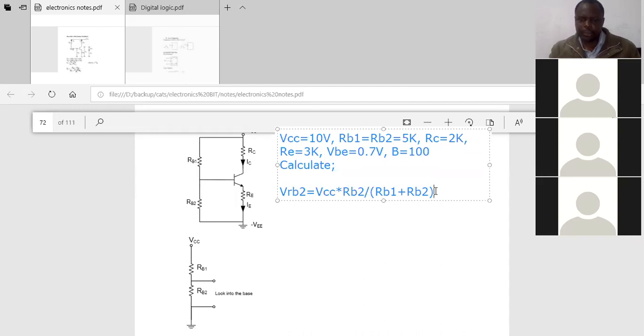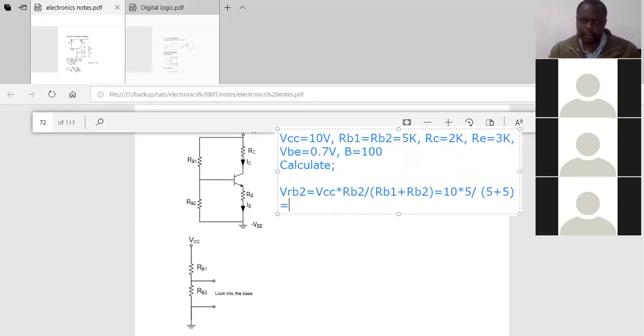So if we substitute the values, you're going to get 10 times 5 divided by 5 plus 5. And that gives us 5 volts. You confirmed? That's what you have, 5 volts.